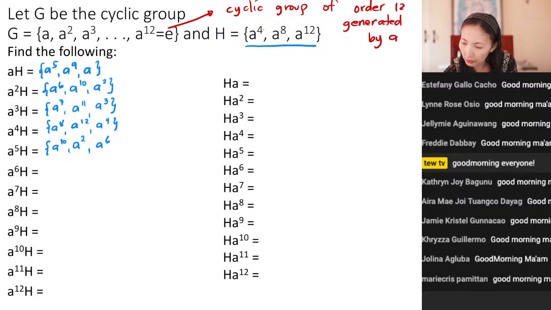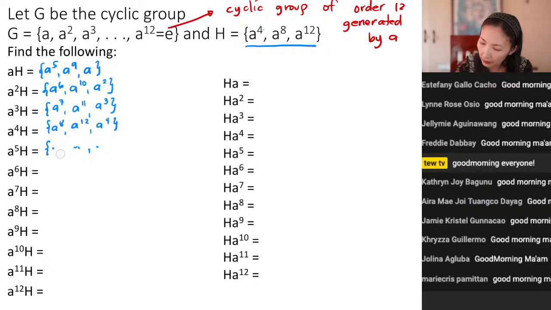Once more, A to the 5th. Sorry, I skipped one. Let me erase it first. It should be A to the 9. So this one should give A to the 9, A to the 1st power, and A to the 5th power.